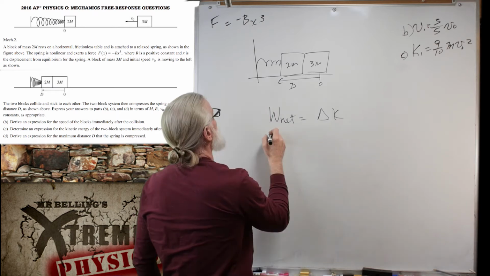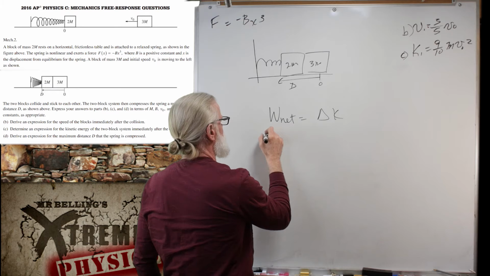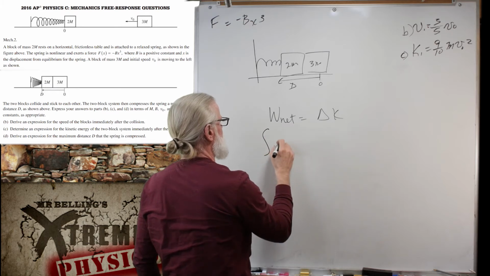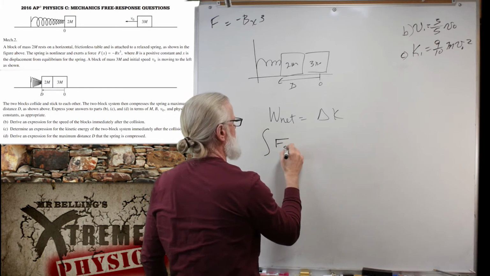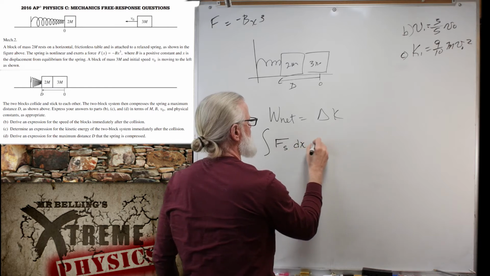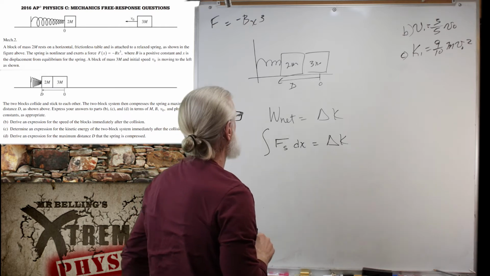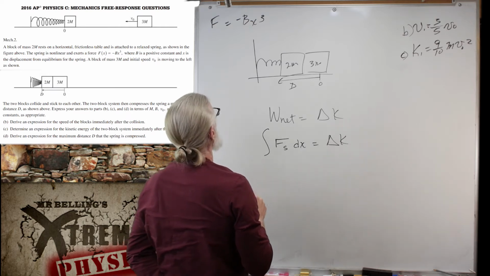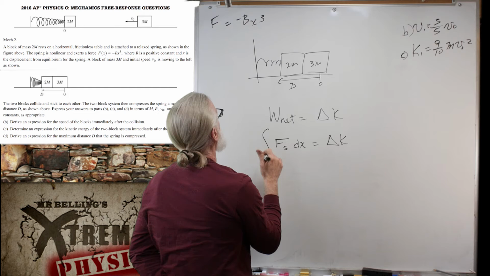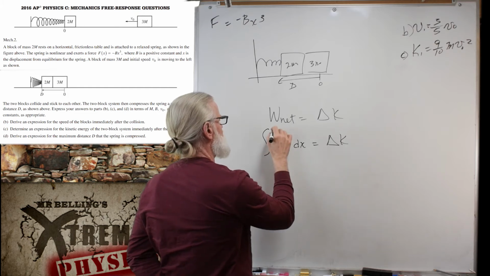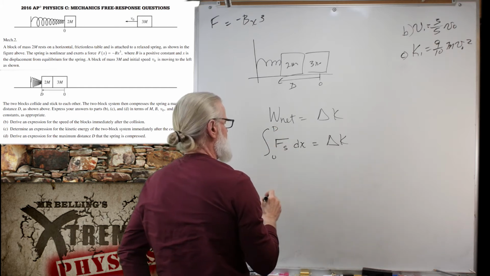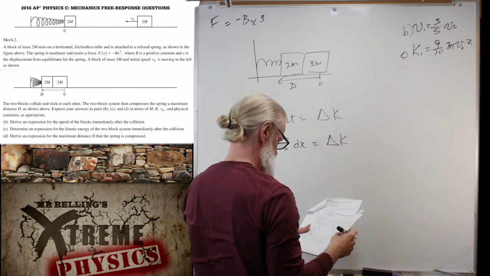To figure out the net work, we're going to take the integral of F spring dx equals delta K, right? And the spring's applying a force that way. And this is going to go from 0 to d. And what are we calculating? d?